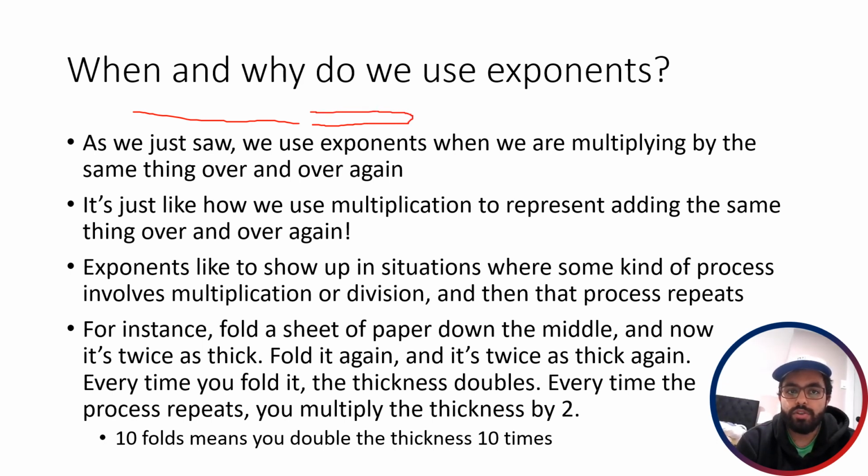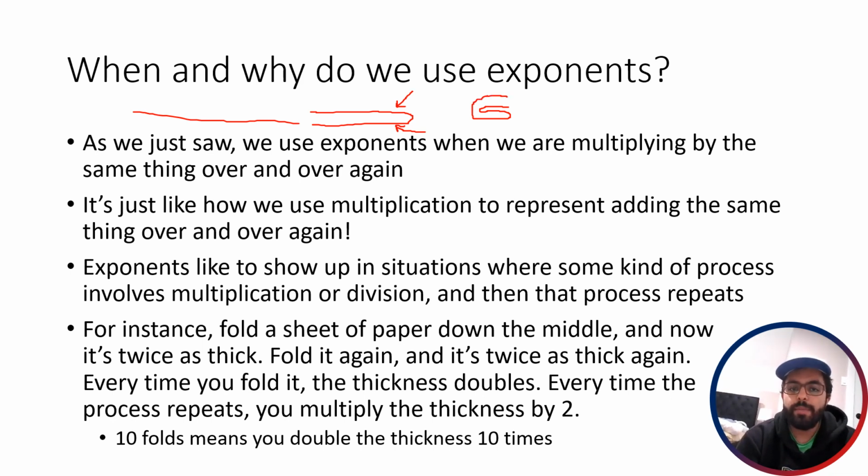And now it's twice as thick because you've got this thickness being added to this thickness, right? And then if you were to fold it again, then it would look something like this, right? And now it's 4 times as thick.